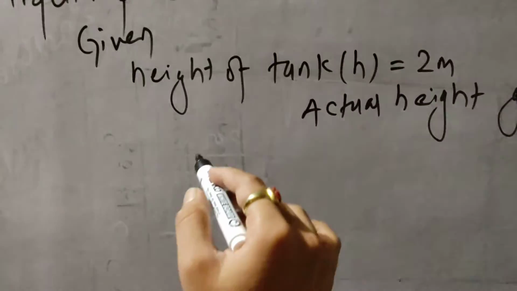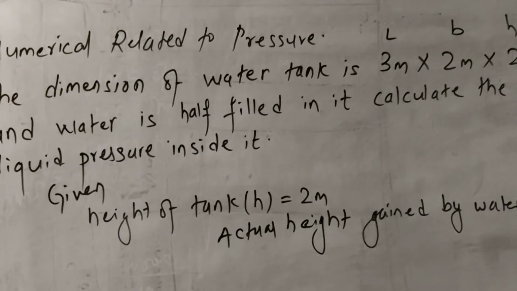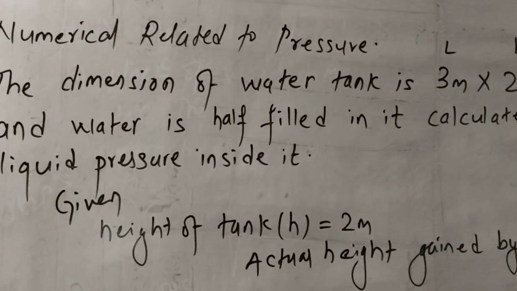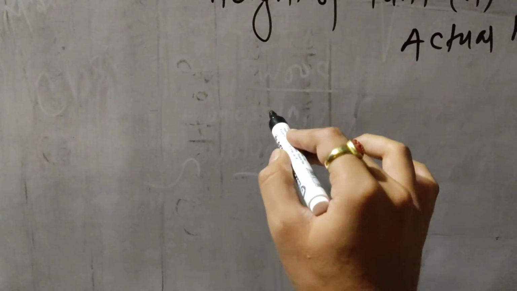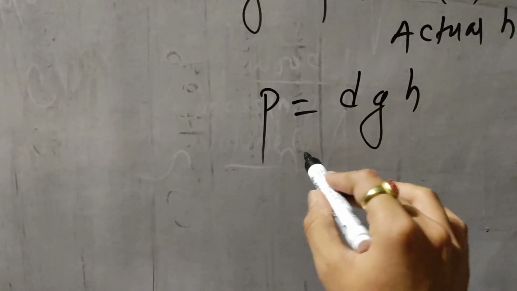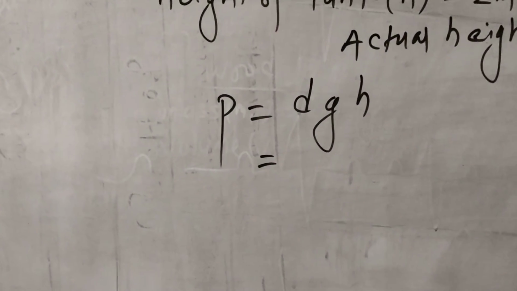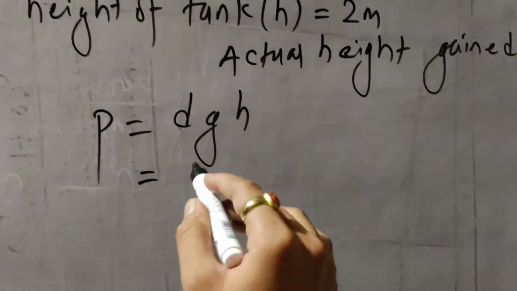Now, in the question, there is nothing else given. That's why we have to use a formula. Liquid pressure P is equal to D, G, and H. We have to write the value of D, that is the density of water.